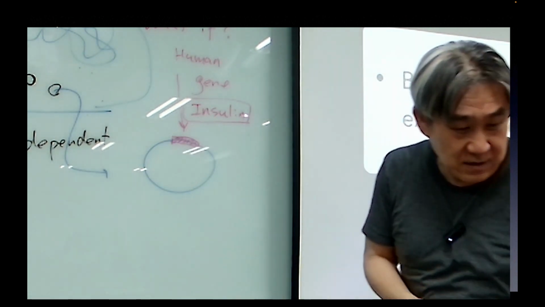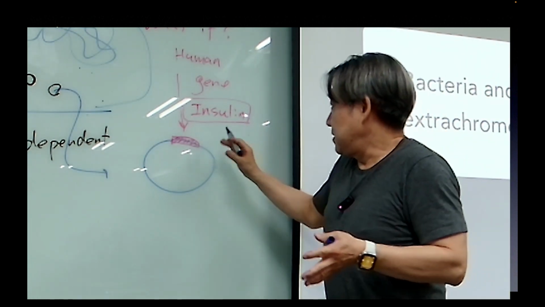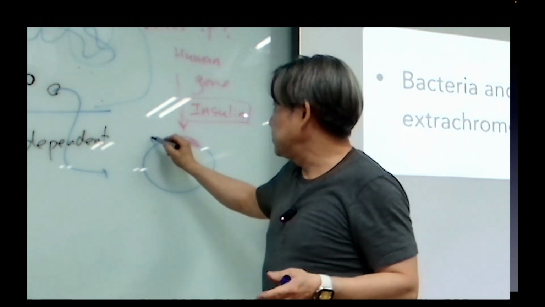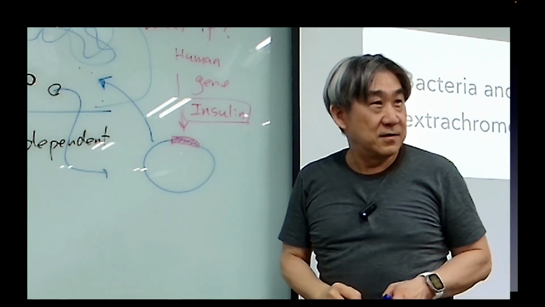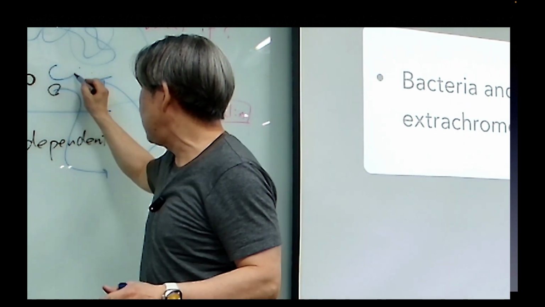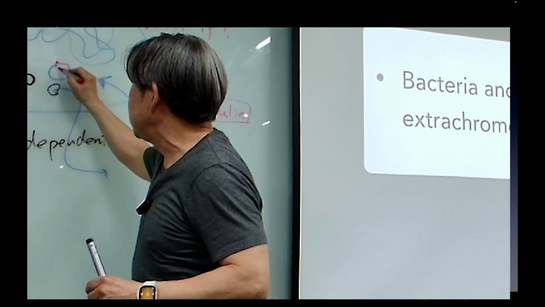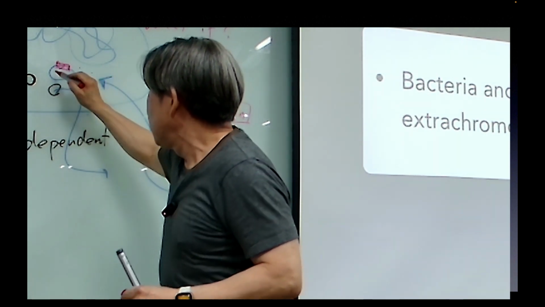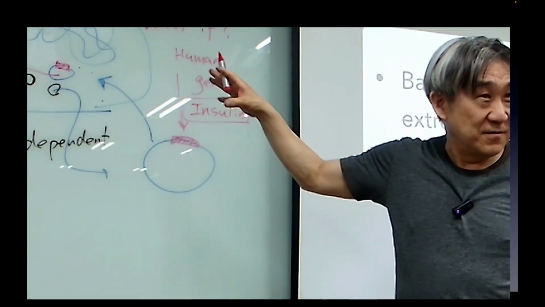Is it possible? Yeah, let's try it. And once I have succeeded, let's put this back into the original bacterial host. Now inside this bacterial host, you have this plasmid plus human insulin, and this can go up to 5,000 copies.